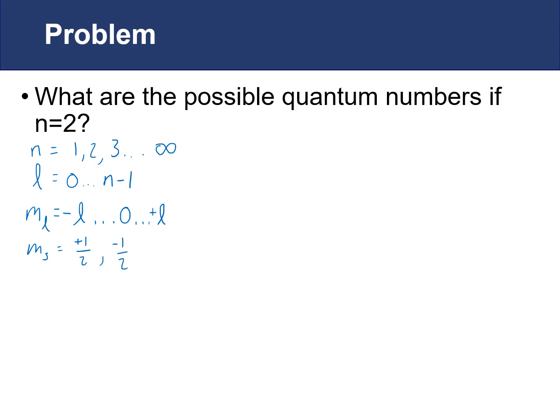So let's say that we have an n equals 2. And we're going to write this out as a flowchart to look at all the different possible sets of quantum numbers that can start with an n equals 2.